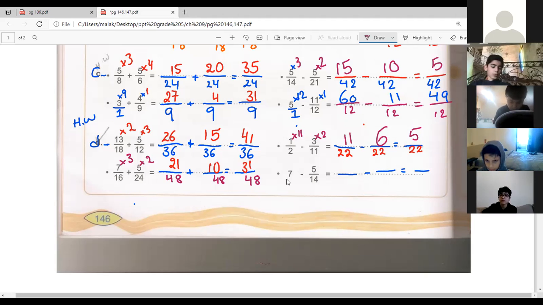What shall I do to subtract 5 over 14 from 7? We write table 7. How do we change it to a fraction? It means 7 over what, Haidar? Over 5? How over 5? The fraction will change. We can only put 1.